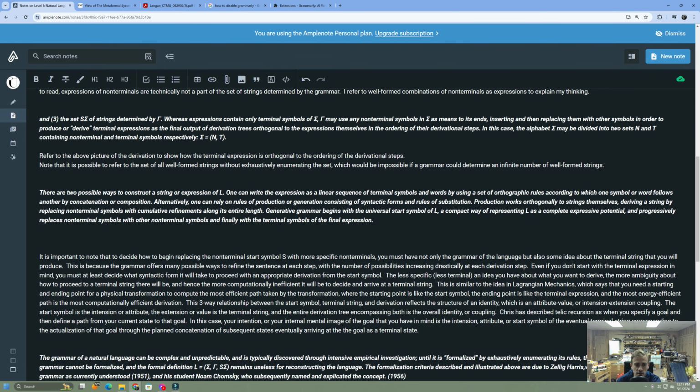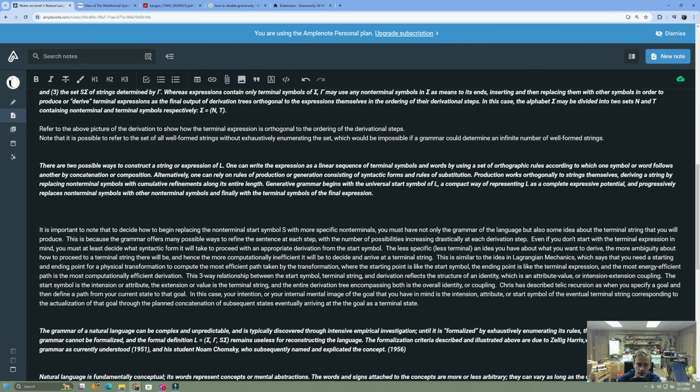So there are two possible ways to construct a string or expression of L. One can write the expression as a linear sequence of terminal symbols and words by using a set of orthographic rules according to which one symbol or word follows another by concatenation or composition.